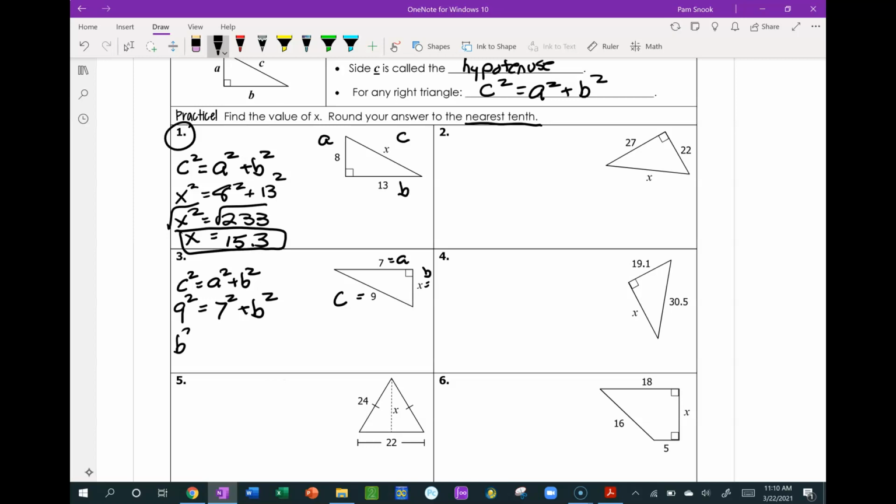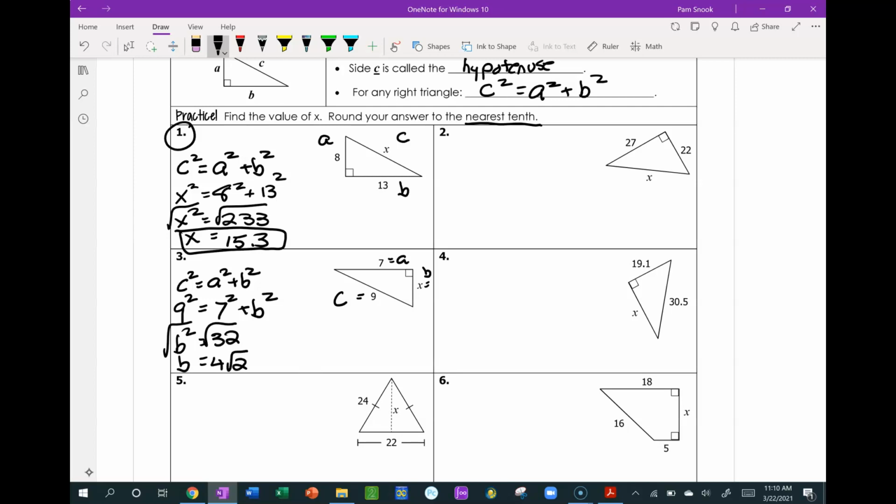So literally grab your calculator and punch in 9 squared minus 7 squared. And I got 32. So B squared equals 32. Take the square root of both sides. B is going to be 4 square root of 2.